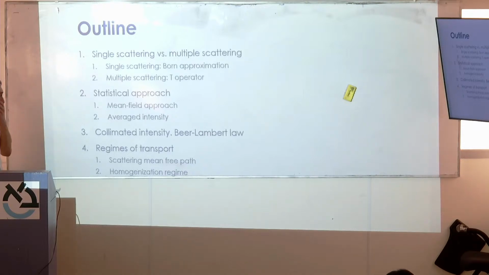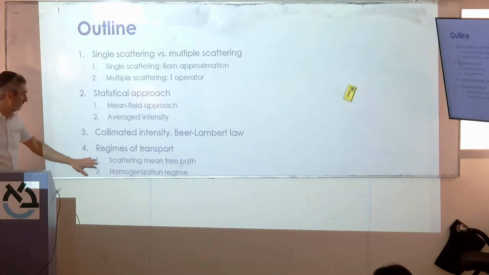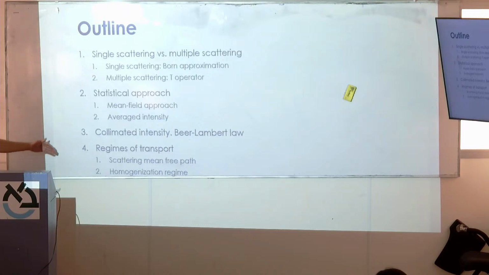And then you go into a more complex regime, the regime of transport, where you consider light as particles, and then you can define a number of things. I just put here a few of them, scattering mean free path, but there are many others. And I will show you the definition of a homogeneous medium. You remember the glass of water, which is a homogeneous medium.